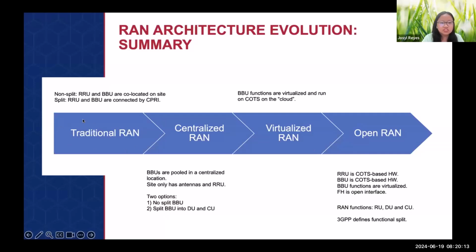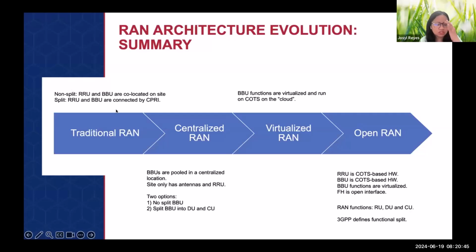In the traditional RAN, everything is proprietary, and the radio unit and BBU are co-located on the site, or they may be split, and connected by the fronthaul interface, the common public radio interface. That started in 2G and early phases of 3G.